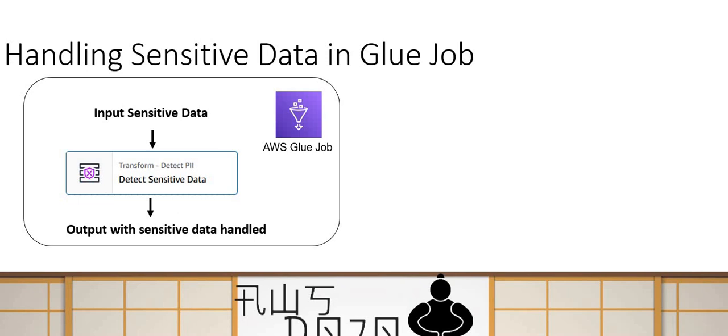If you put this transformation as a part of your Glue ETL job, then this transformation can actually detect your sensitive data. Once it detects the sensitive data, it can handle your data as well, but it can handle your data in the following three ways.